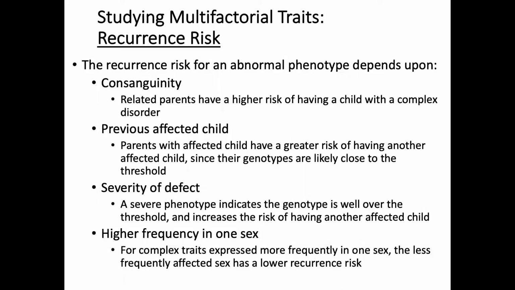This is easy to understand. If the parents had an affected child before, then the risk for them to have another affected child is greatly increased. In addition, if the affected child has a severe phenotype, indicating the genotype is well over the threshold of genetic liability, then the risk is even higher for having another affected child.